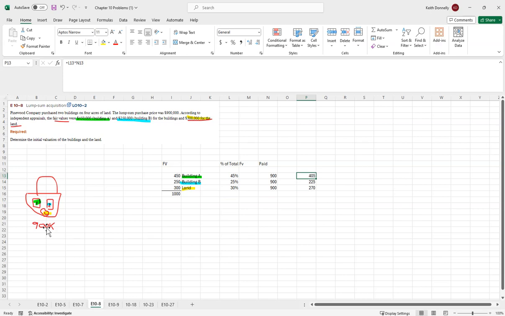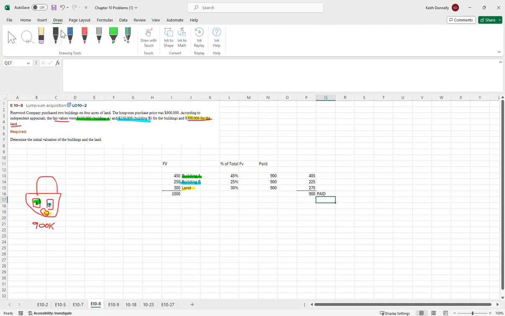So it's going to be land at 270 there, building A at 405, building B at 225. In other words, you add these guys up, we're at 900 bucks, what we paid.